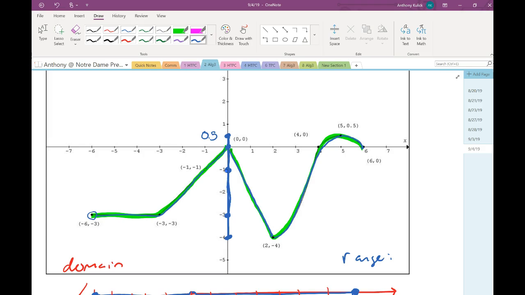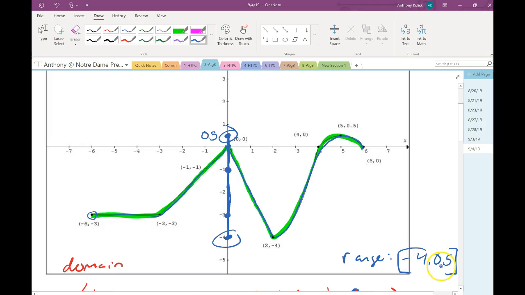Is everybody okay with that? So if I look at this, my range begins at -4 and it ends at positive 0.5. And those are both filled in circles, so they both get brackets. Does that feel okay?